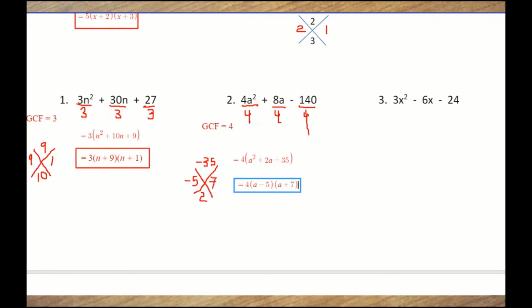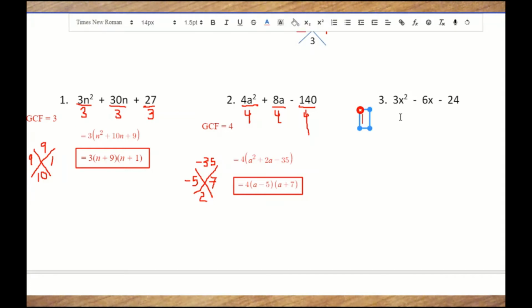But if one's positive and one's negative, it will pay off later if you do the negative one first, even though there's no technical difference. Like if I wrote this as a plus 7 and a minus 5, still the same thing because multiplication is commutative. But later on, when we do this factoring by grouping stuff, it will make a little bit of a difference in terms of the ease of doing it.